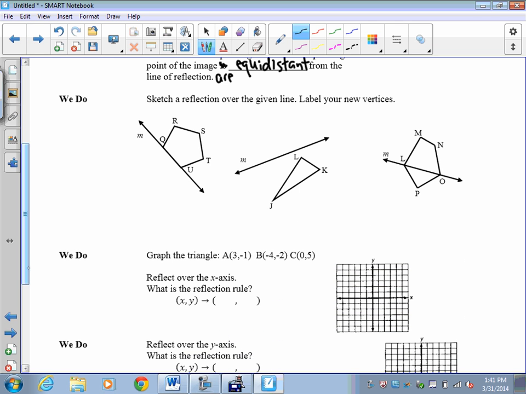So we're going to sketch some examples of reflections. So we're reflecting it over line M. This is the reflection line. So these are going to go out like that. This is not very well drawn to scale.